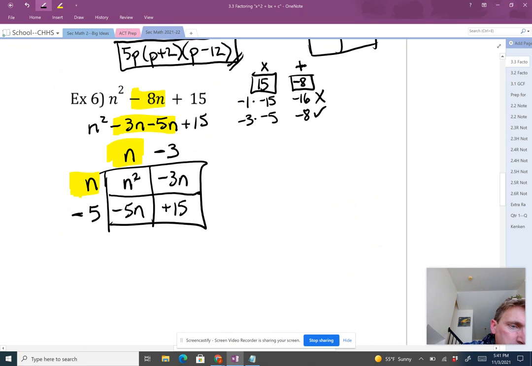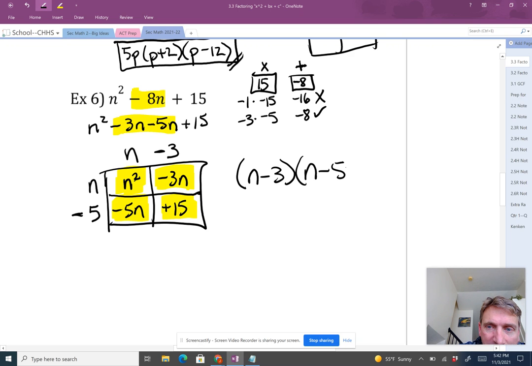And then we're just going to go around and make sure that everything multiplies out as it should. n times n is n squared. n times negative 3 is negative 3n. Negative 5 times n is negative 5n. And negative 5 times negative 3 is a positive 15. So we can say with certainty that our factors are n minus 3 times n minus 5.